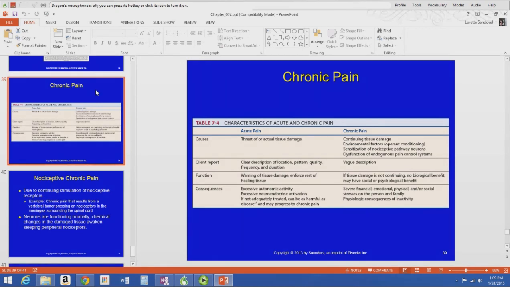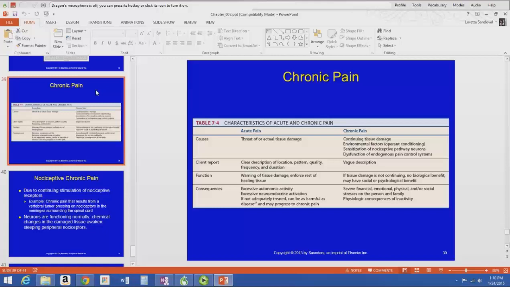Under causes, acute pain is the threat of tissue damage or actual tissue damage. So that's your injury, there it is. With chronic pain, it can be continuing tissue damage from a previous injury, environmental factors, sensitization of nociceptive pathways, or dysfunction of our endogenous pain control system.